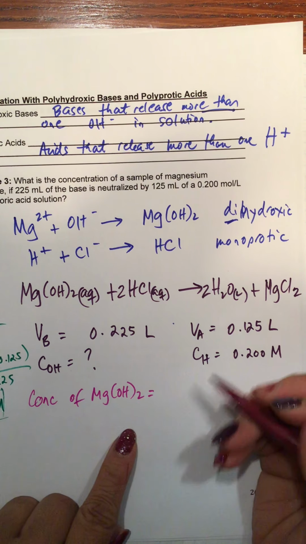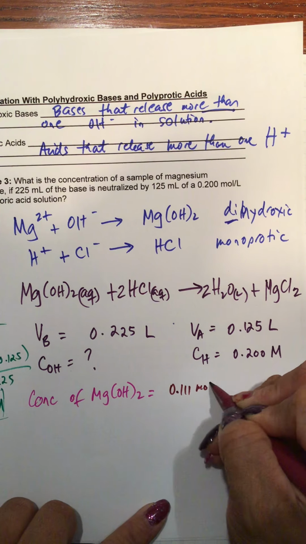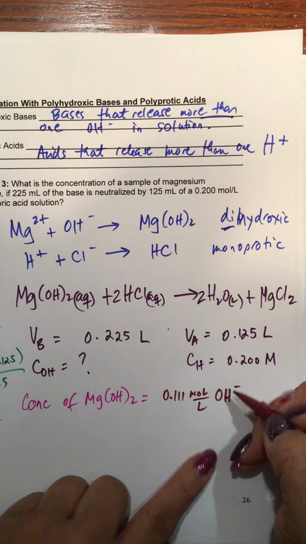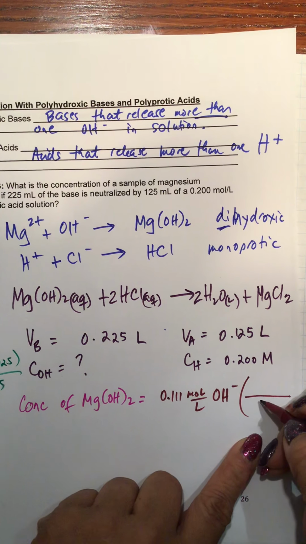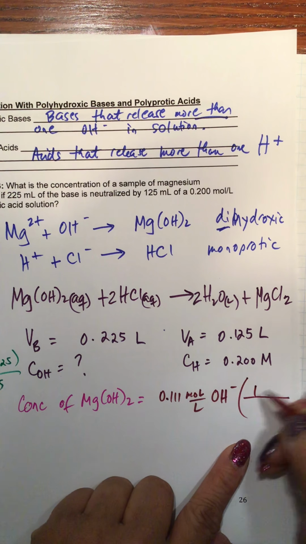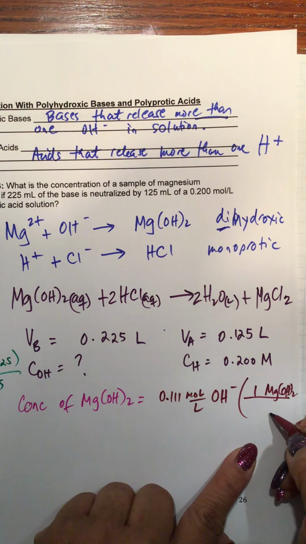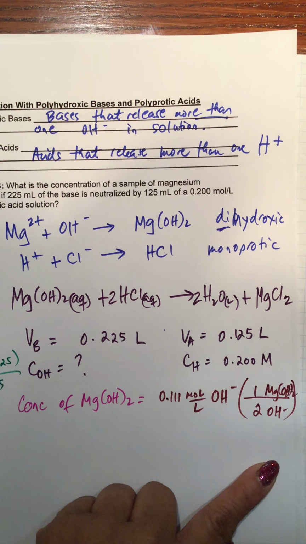Looking at the stoichiometry, we know that we have 0.111 moles per liter of hydroxide. The ratio is 1 Mg(OH)2 for every 2 hydroxide.